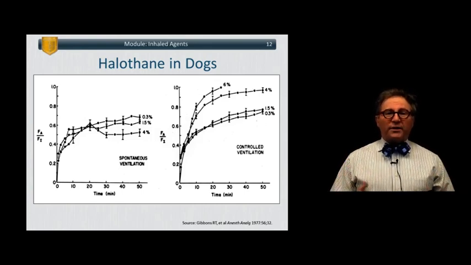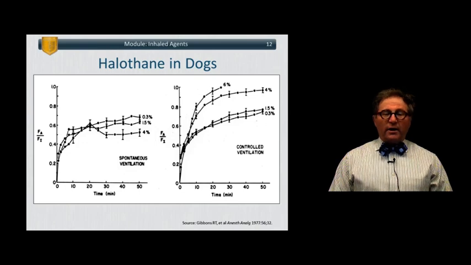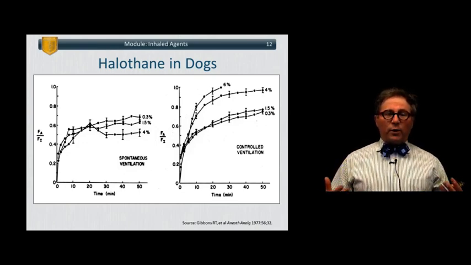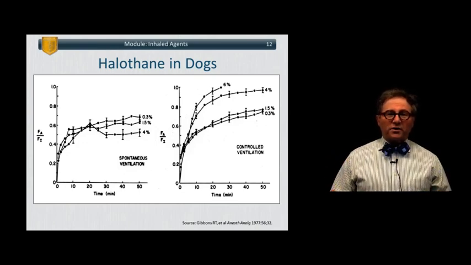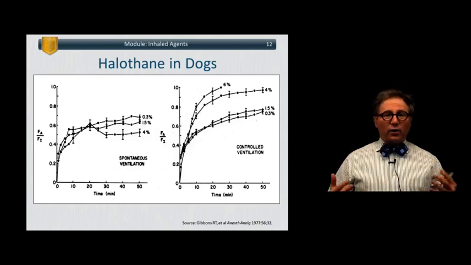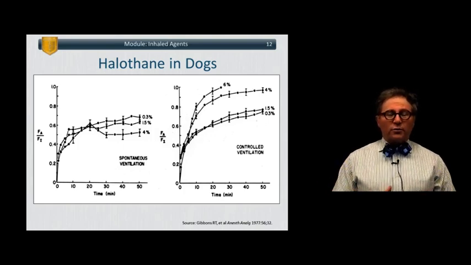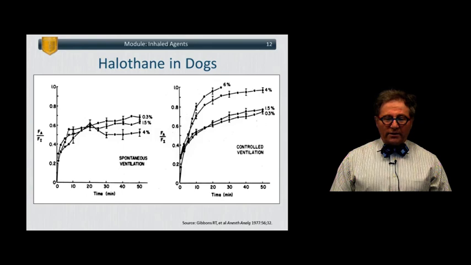This represents the negative feedback effect of spontaneous respiration during inhalational anesthesia. And it's a protective mechanism whereby decreasing respiration prevents an anesthetic overdose from exposure to high concentrations of inhaled agents.